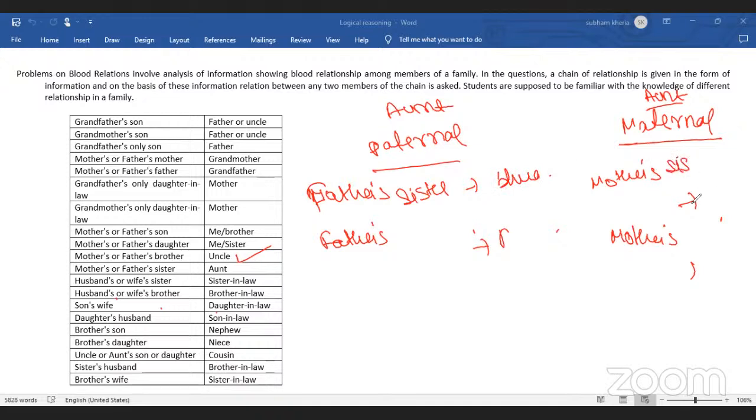Mother's sister, masi. She is also your aunt. Father's brother's wife, that is chachi or tai, is also your aunt. Mother's brother's wife, that is your mami, is also your aunt. So there are 2 words, uncle and aunt, which can take 4 different relationships.